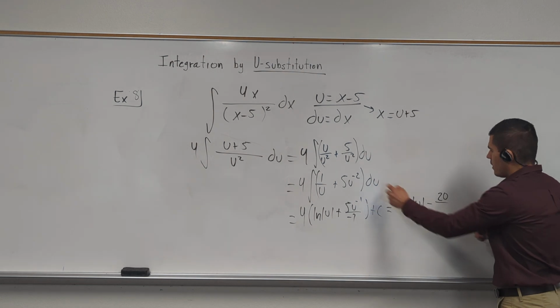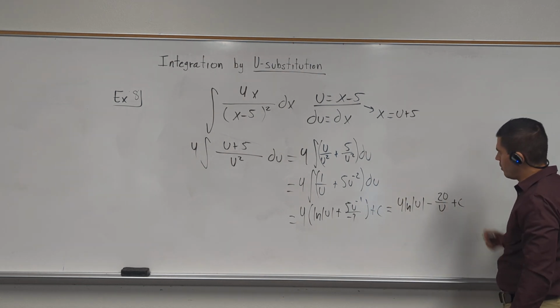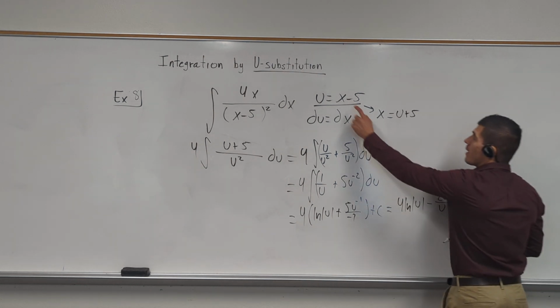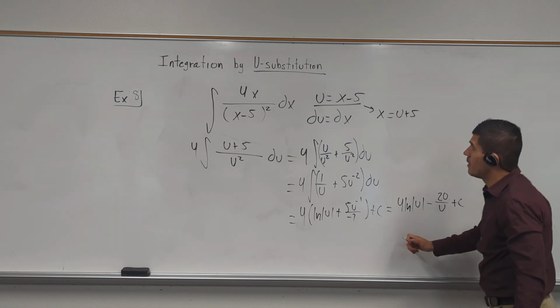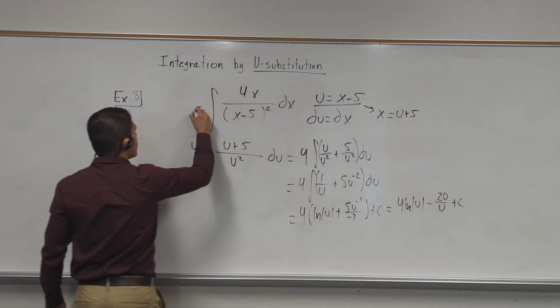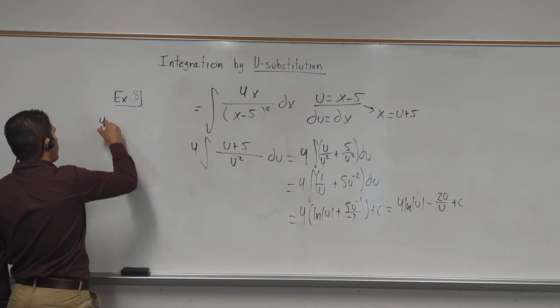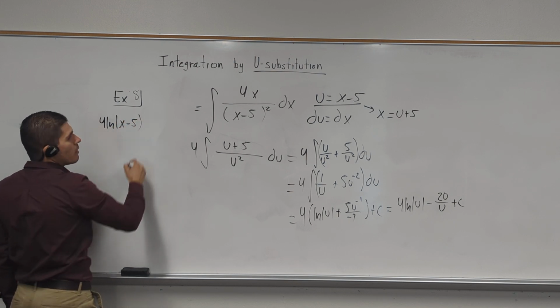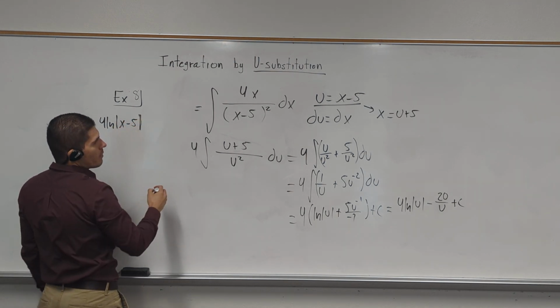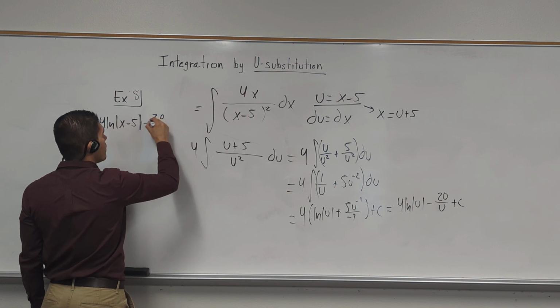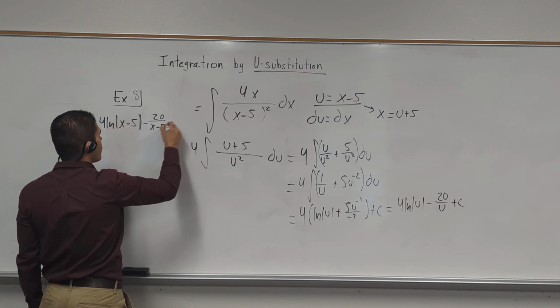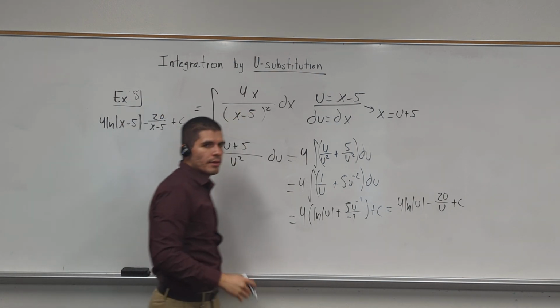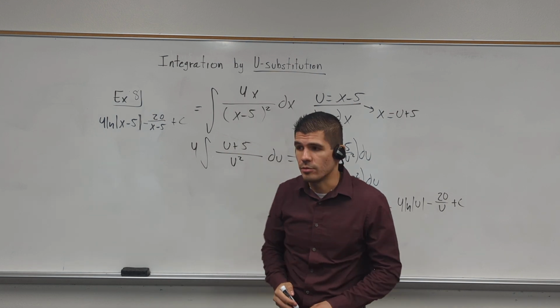And then because it's u to the negative 1, it's over u plus c. We're going to go back and replace our u with x minus 5. So we can say that 4 natural log of the absolute value of x minus 5, sorry, let's close the absolute value, minus 20 over x minus 5 plus c will be the antiderivative of the original function.